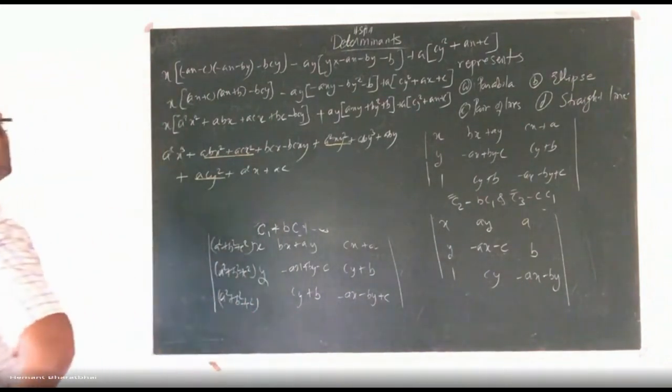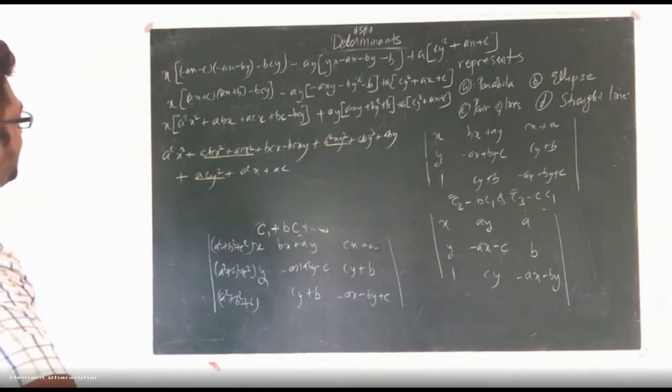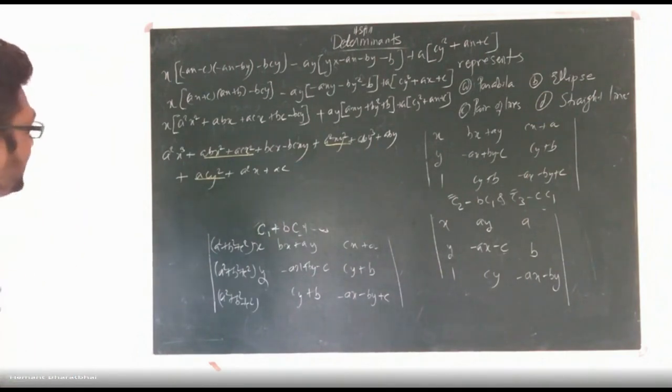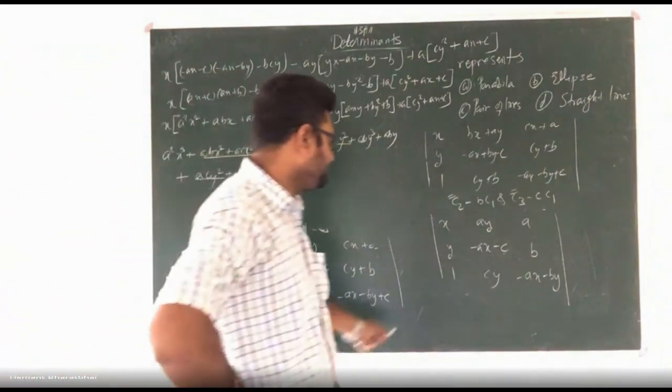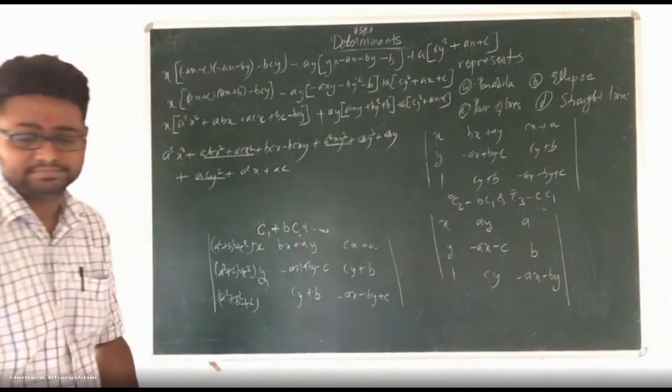If I take x square common, a plus ac, that is not going to give me anything. A square plus b square plus c square. I am not getting any b square term, nor any c square term. So I think we will have to solve this further.